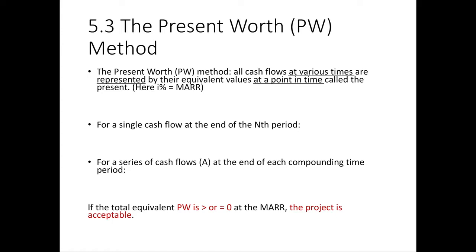Like I said, you just want to draw the cash flow diagram and then convert all the cash flows back to the present, using i% equal to MARR. And you see if the present worth, or actually P0, is bigger than or equal to 0.